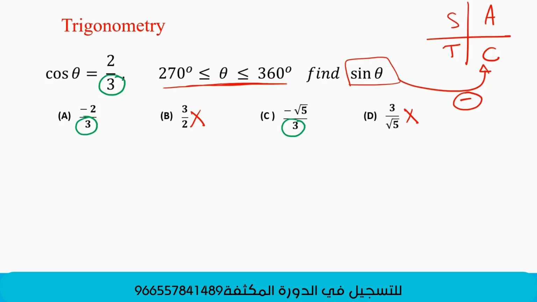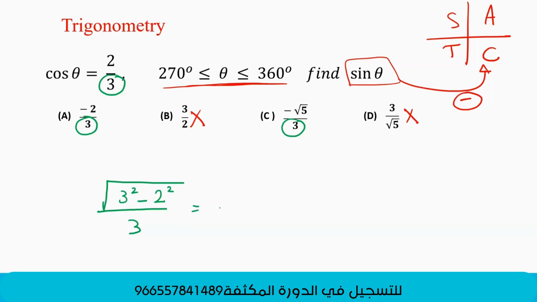So what's the third thing I have to check? So the third thing, here we go. If you have cosine and you want to find sine or the opposite, this is easy. You keep the same denominator, and then you do a square root. You put the square of the denominator minus the square of the numerator.